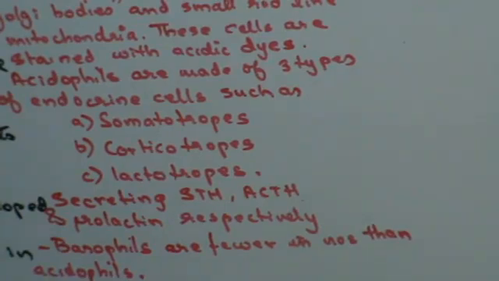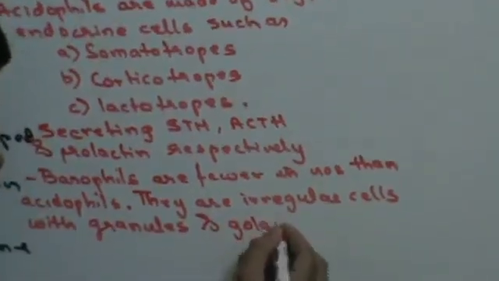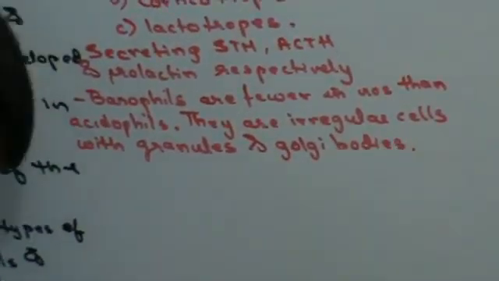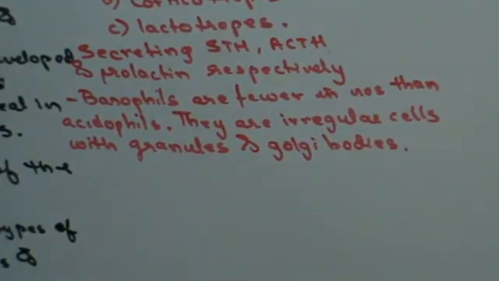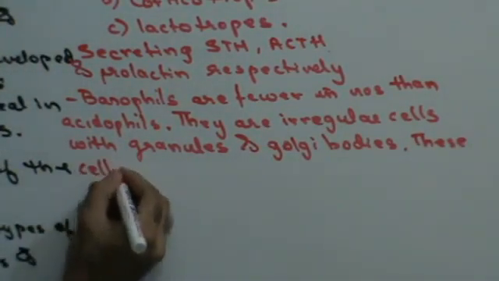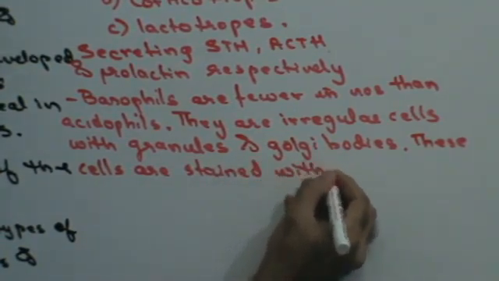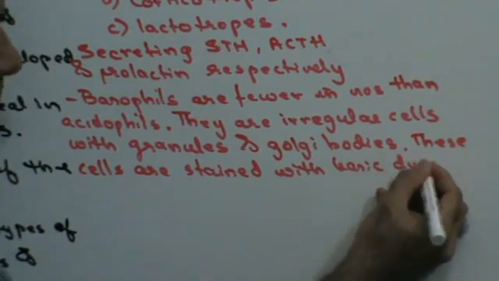They are irregular cells with granules and Golgi bodies. These cells are stained with basic dye.